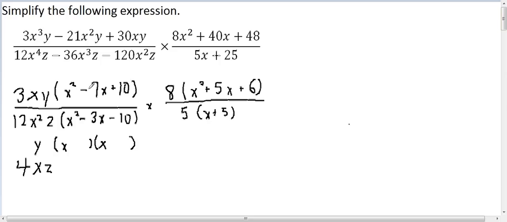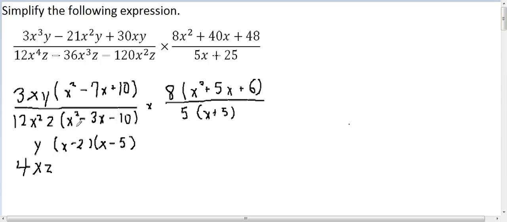Since this number is negative, we're going to want to write 2 negative numbers here. 1 plus 10 is 11, which doesn't match 7, but 2 plus 5 is equal to 7. So that matches. So if we factor x squared minus 7x plus 10, we end up with x minus 2 multiplied by x minus 5.